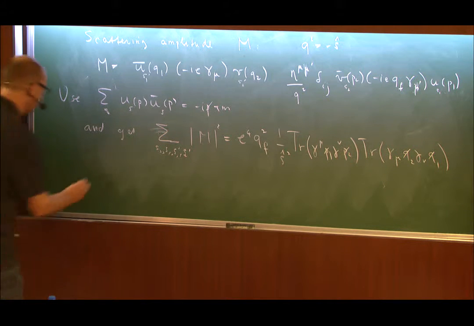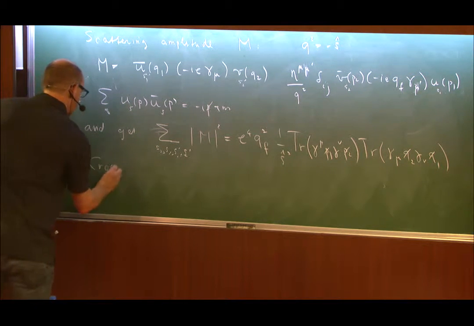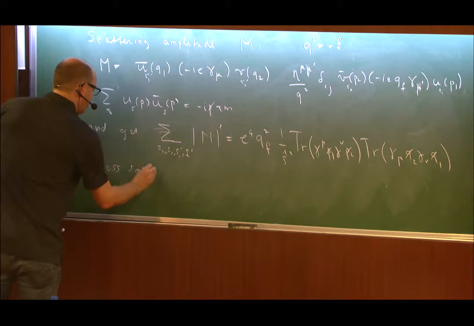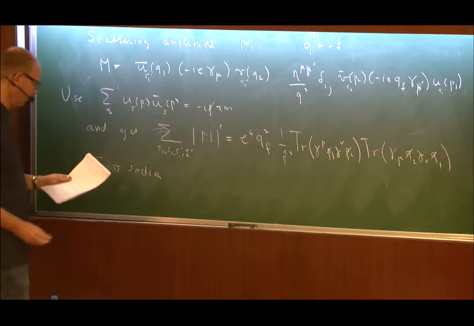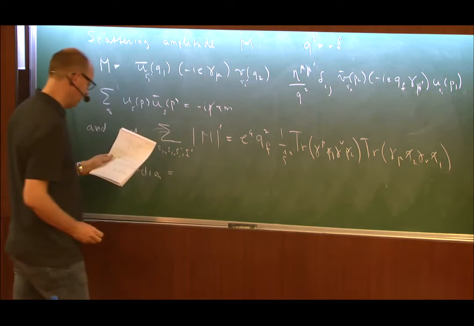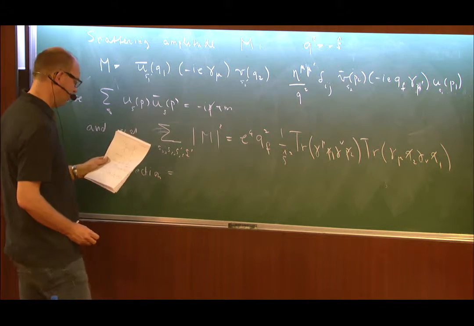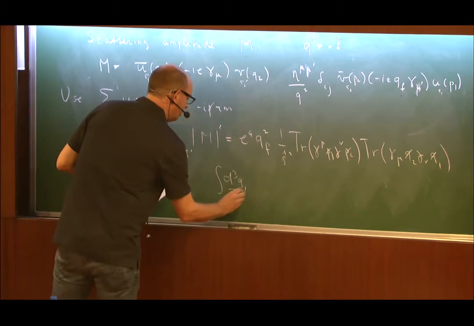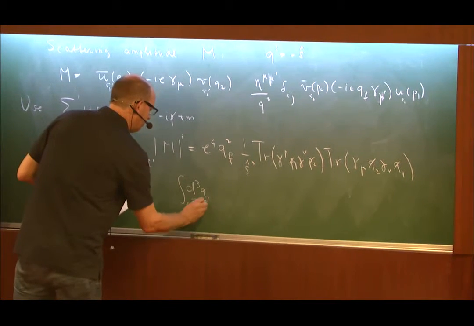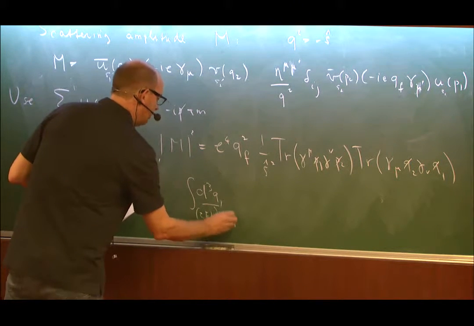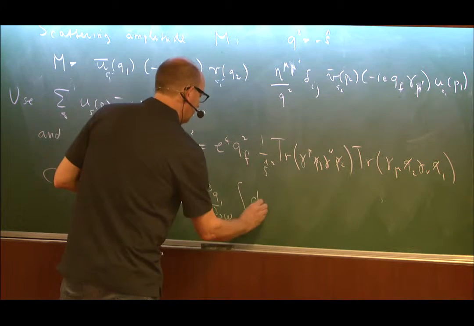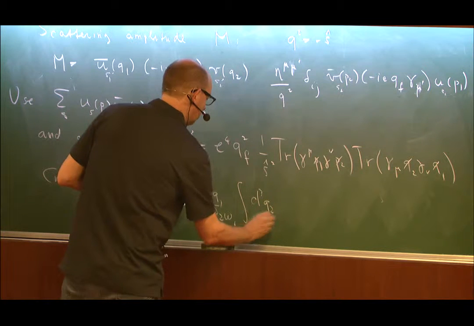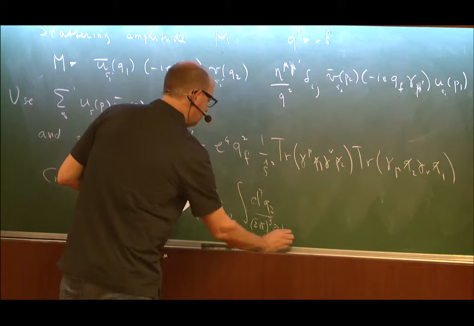So for the cross section, how you use this expression, whatever it will be, let's see if we can remind ourselves of the formula. First, we need to integrate over all of the phase space: the integral of d^3 q1 over 2 pi cubed 2 omega 1, and d^3 q2 over 2 pi cubed 2 omega 2.